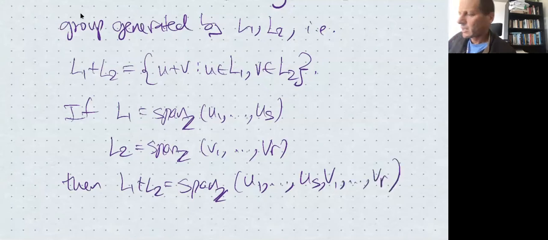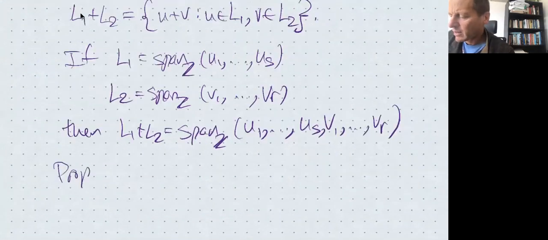I'm not claiming that this is a basis because there could be linear dependencies, but it's clear that this definition and this definition coincide. We can easily show the inclusion in both directions. So this is another way of writing down the definition of L1 plus L2. And here's the proposition. Suppose L1 and L2 are primitive.